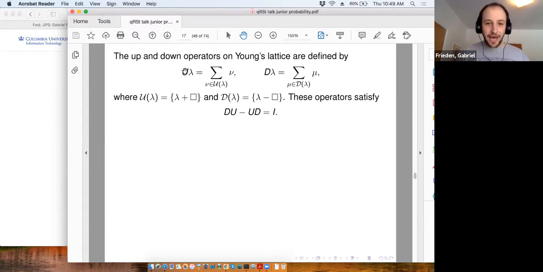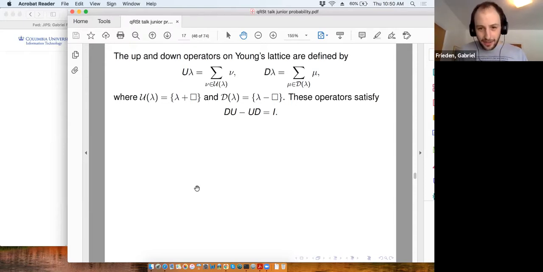The up operator sends a partition to the sum of all the partitions that can be obtained by adding a single box. The down operator sends lambda to the sum of all the partitions that can be obtained by removing a single box. The key property of these two operators is that they satisfy the commutation relation DU minus UD equals the identity.